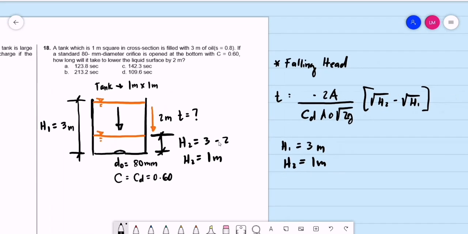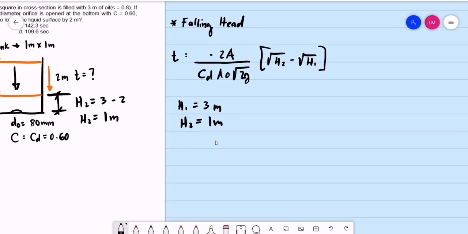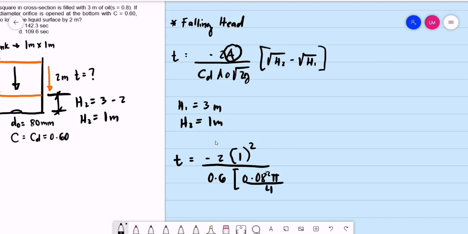Now if we are to substitute for the time, by the way, this area is the cross-sectional area of the tank. So the time is equal to negative 2 times the cross-sectional area of the tank. It is a square tank with a dimension of 1 meter, so this is 1 squared. Divide by the coefficient of discharge, 0.6, multiplied by the area of the orifice, 80 mm or 0.08 squared times pi divided by 4, in terms of meter.